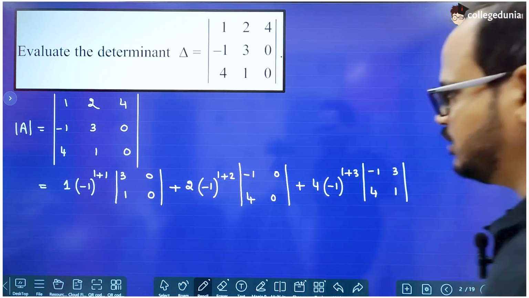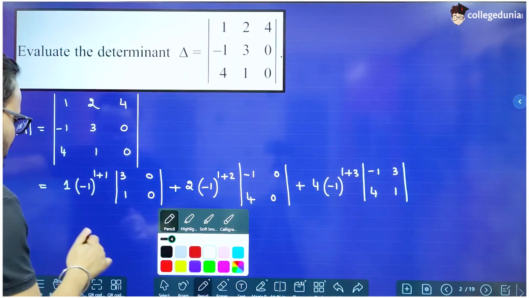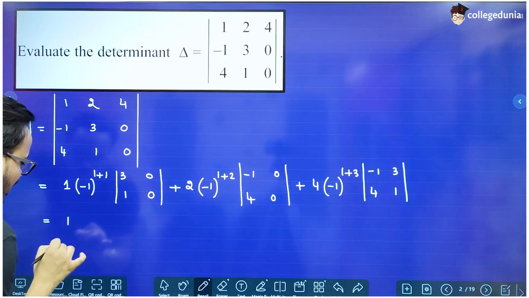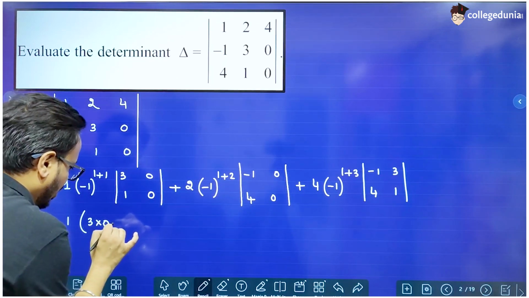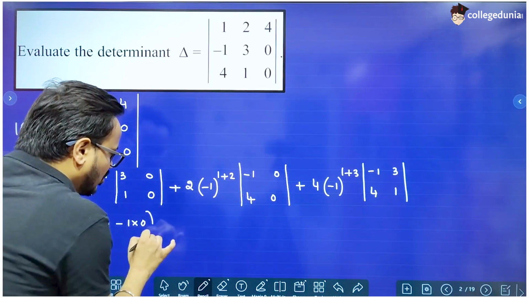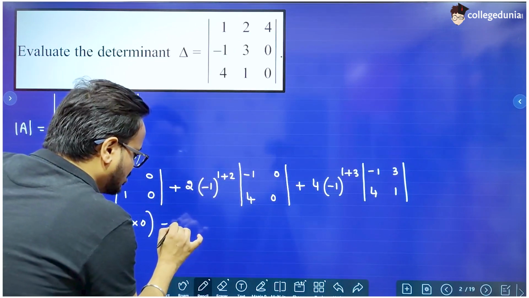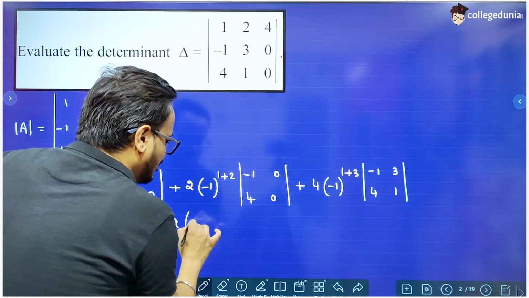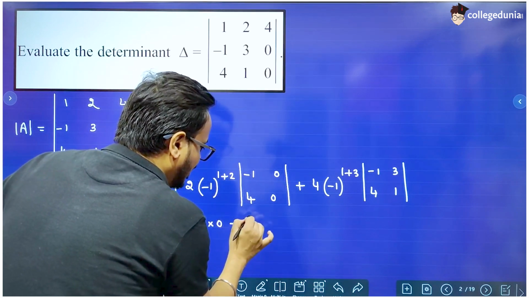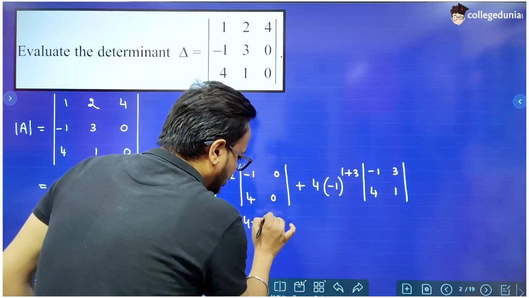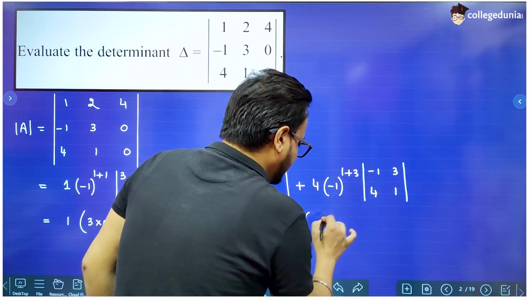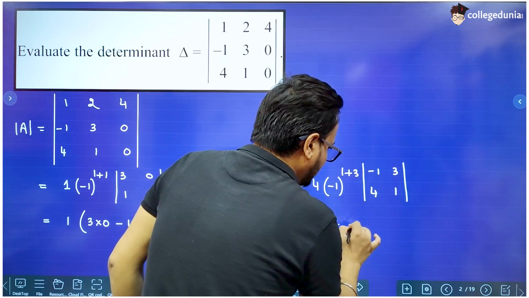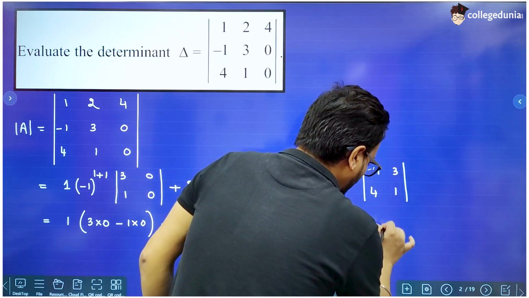Let's expand these determinants. So this is 1 into 3 into 0 minus 1 into 0, which is 0. This is minus 2 into minus 1 into 0 minus 4 into 0. Plus 4 into minus 1 into 1 minus 4 into 3.